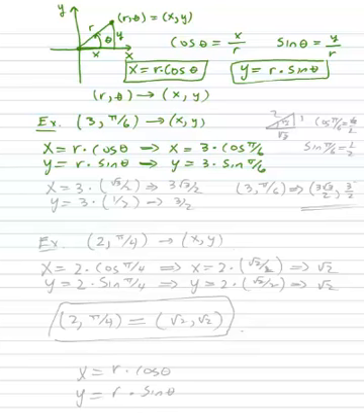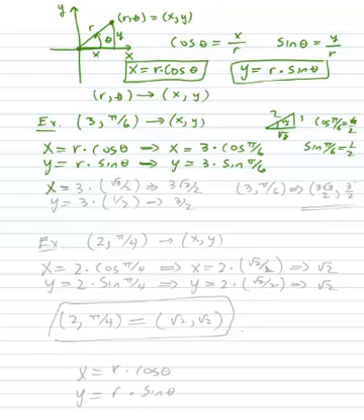Now recall the unit circle, and we have a triangle. If in this triangle this angle is pi over 6, we have 1, 2, and the square root of 3 as the sides. And the cosine of pi over 6 is the square root of 3 over 2, and the sine of pi over 6 is 1/2.